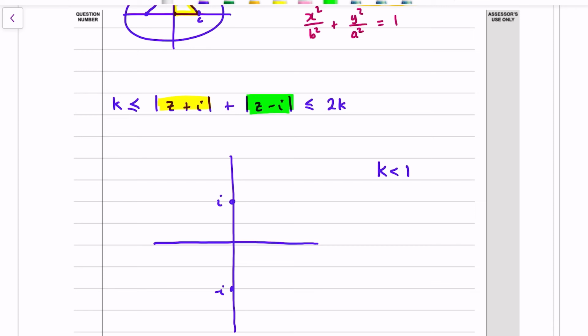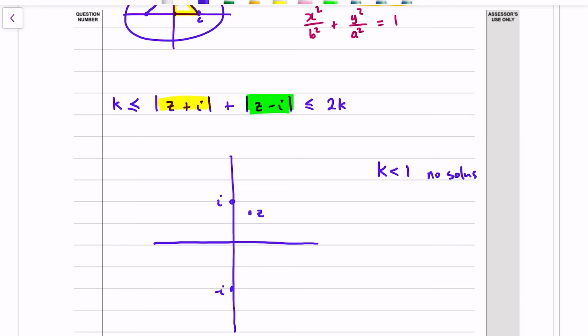But there are just no z values where that's the case, because the distance between negative i and i is already equal to 2. So if I ask, could z be there? The distance between z and i plus the distance between z and minus i has got to be greater than or equal to the distance between i and minus i, which is 2. So that's not possible. There are just no z values that will work. So there are no solutions for that.